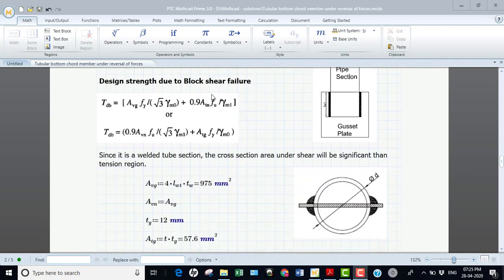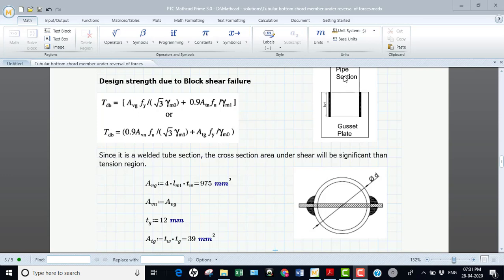This is the expression given in IS 800 for the block shear failure check. There are two expressions. When you check for block shear failure, at the connection end some of the portion is under shear and some of it is under tension. Now I'll explain that shear area and tension area.